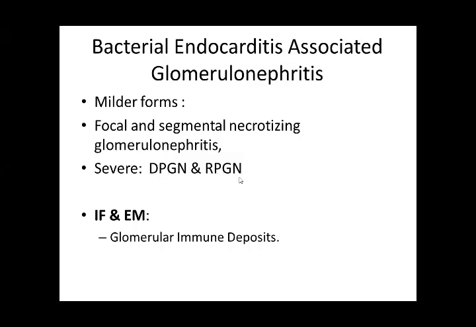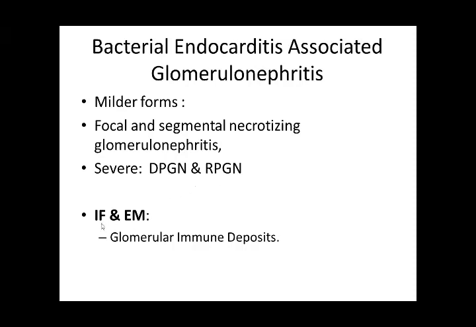Rapidly progressive glomerulonephritis involves proliferation of the epithelial cells of the parietal layer of Bowman's capsule. Diffuse involves proliferation of the visceral epithelial cells, mesangium, and the endothelial cells of the glomerulus. Is that clear? They're not the same entities.